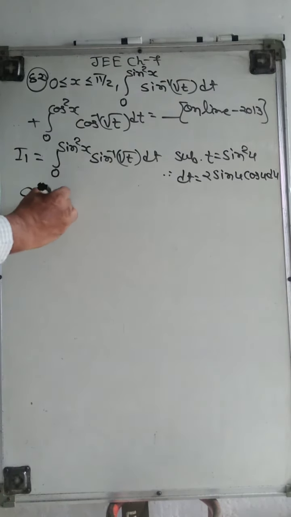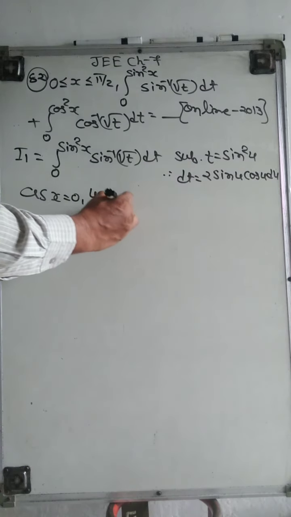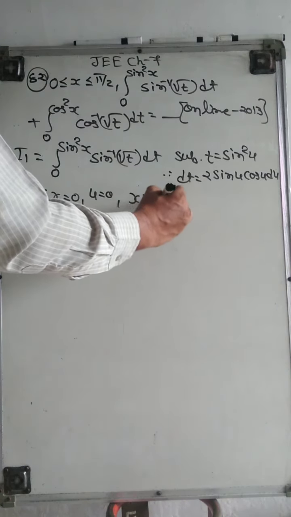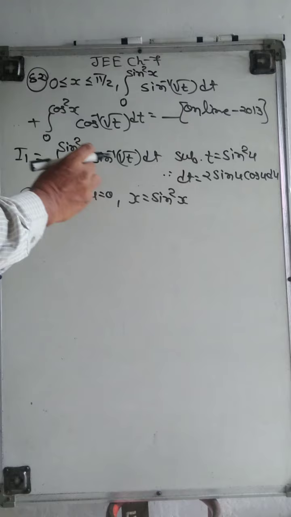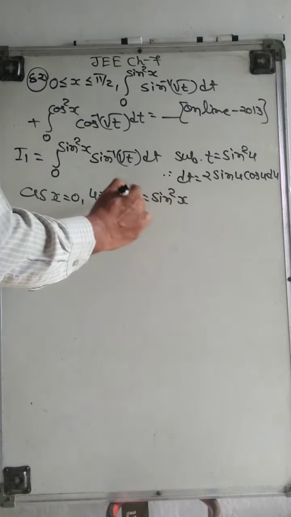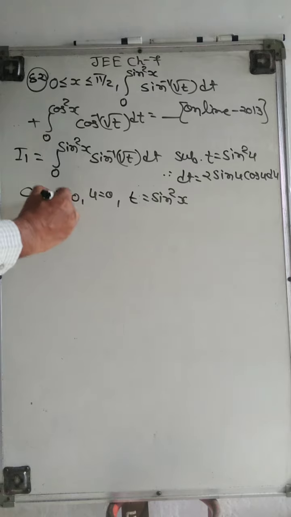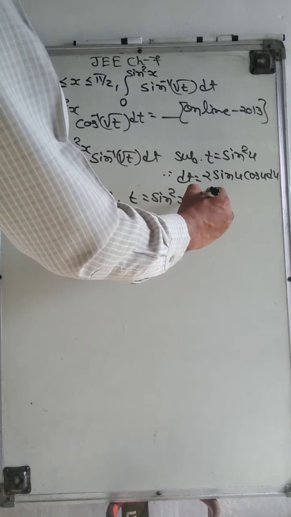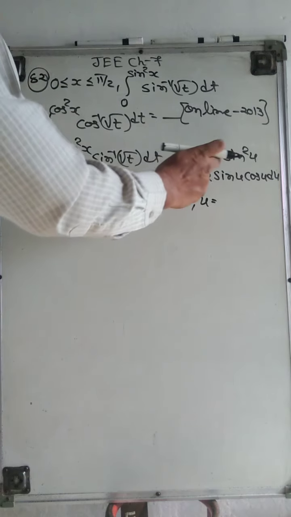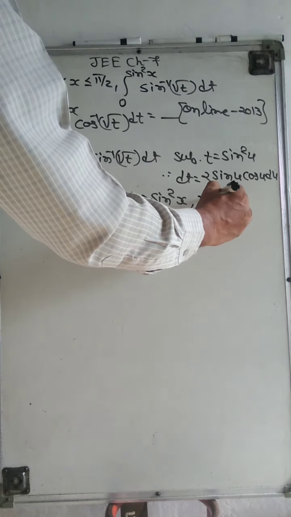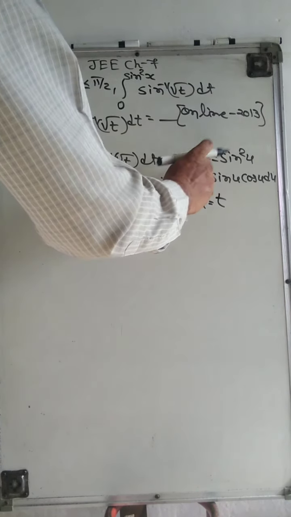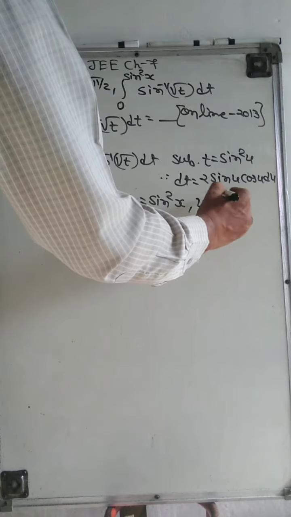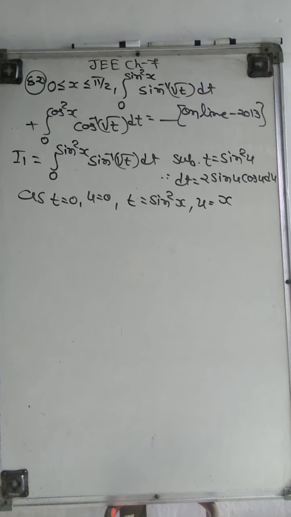As t is 0, u is 0, and t equal to sin square x, then u equal to x. Okay, sorry, this is x, right? So this way we can convert them into a simple form.